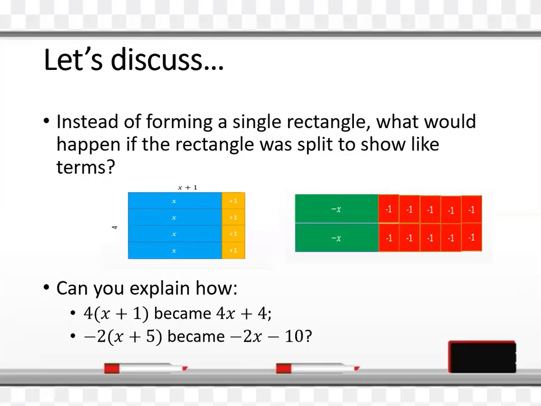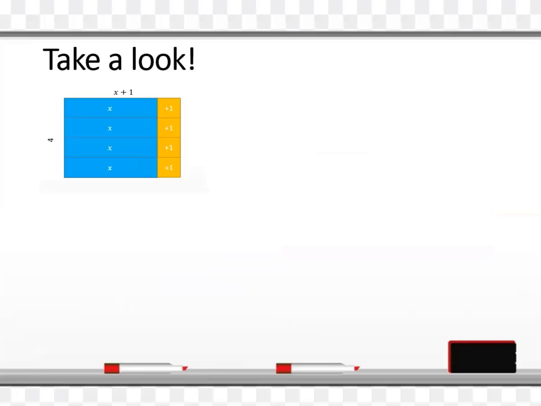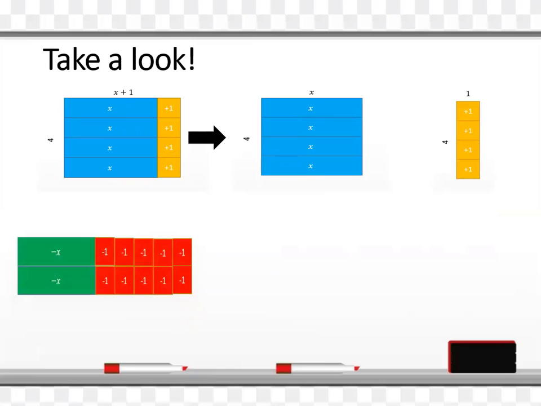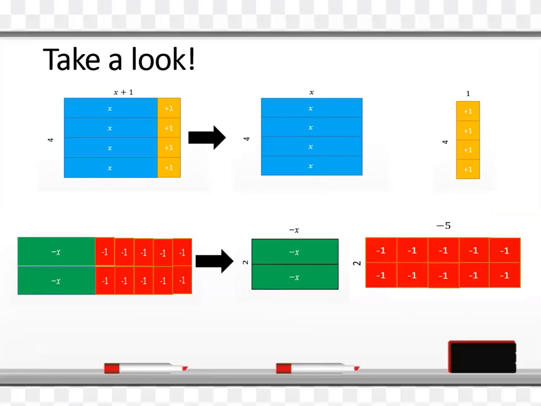Let's take a look at what this looks like. So 4 times groups of x plus 1 gave 4 groups of x's and 4 groups of 1's, and this became 4x plus 4.